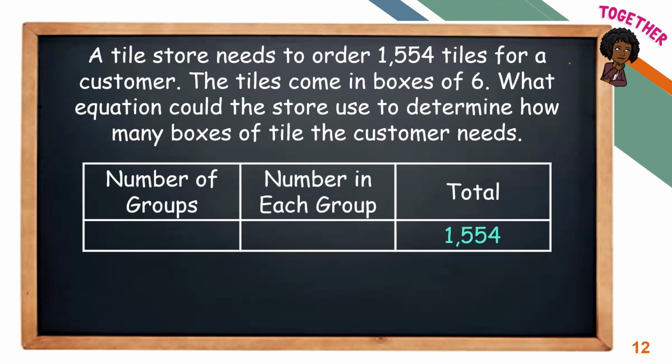They come in boxes of 6 each, and we need to find out how many boxes they need to order. Since we know the total, we know we will need to divide to find the number of boxes the customer needs. So the equation is 1,554 divided by 6 equals 259.